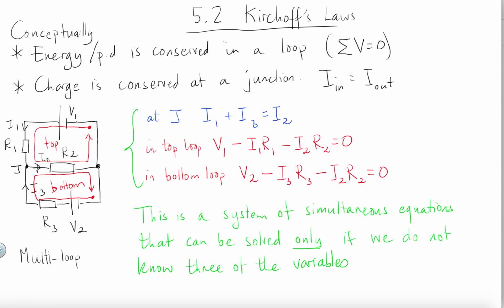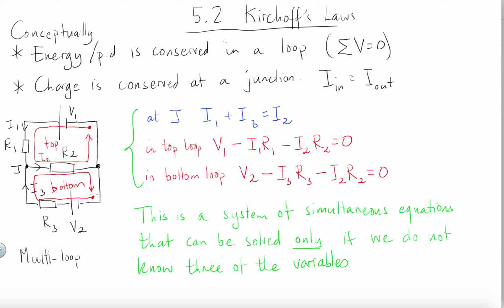In parallel with the top circuit, we have a bottom section with a resistance R3 and a cell V2 connected like this. And we make our loop arbitrarily from one point going, in this case, anti-clockwise around here, and in this case the bottom loop is going clockwise.